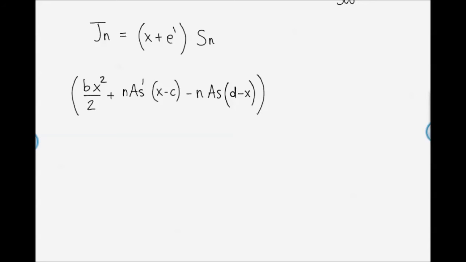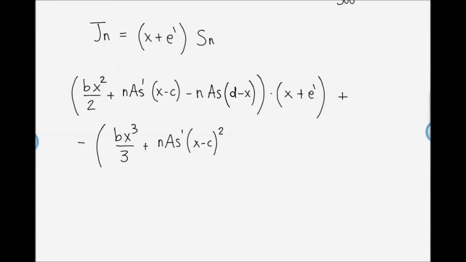This is the expression for the static moment Sn, that multiplies x plus e prime minus the expression for the moment of inertia Jn, which is this one. Equal to 0.